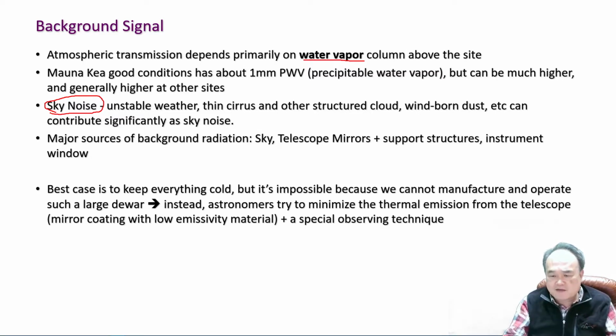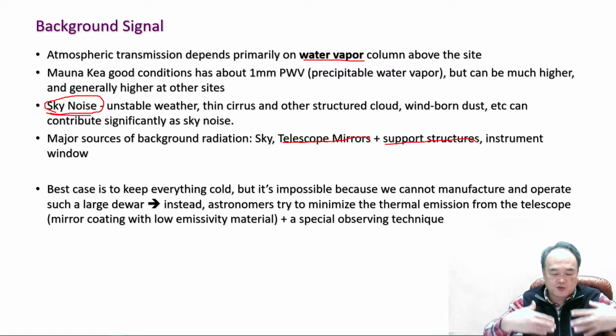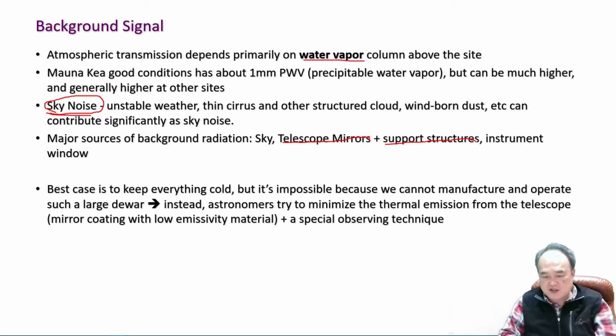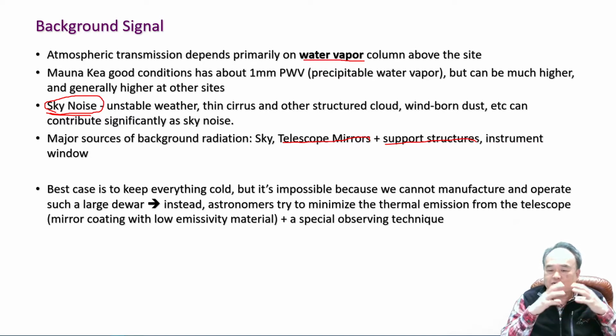But for the mid-infrared, not only the sky noise, we need to worry about the telescope noise, because the telescope mirror also shines brightly in the mid-infrared, and so do the support structures such as the telescope tube, the spider vanes holding the secondary mirror, and any instrument covers and whatnot, anything that the light touches. They are kept at room temperature, so they glow really brightly.